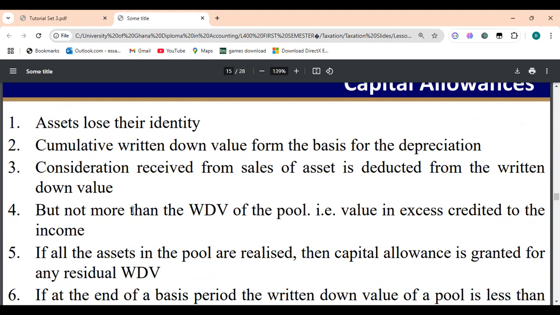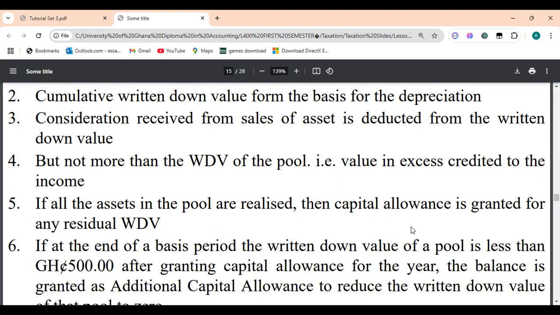But not more than the written down value of the pool. That is, the value in excess is credited to the income, right? So we don't credit more than the amount to the system. So if all the assets in the pool are realized, then the capital allowance is granted for any residual value.